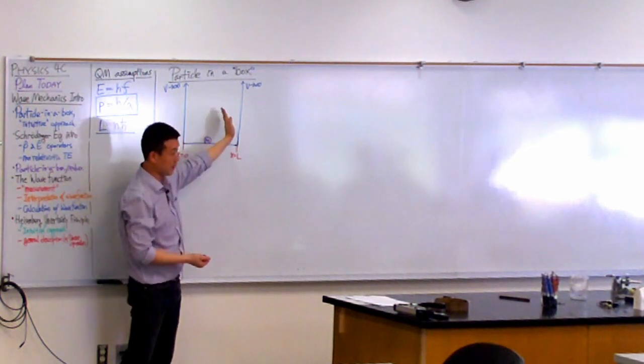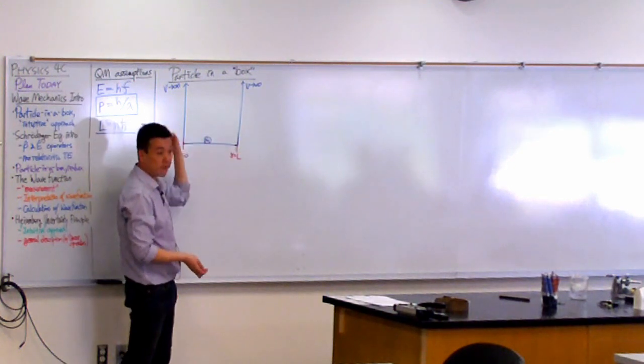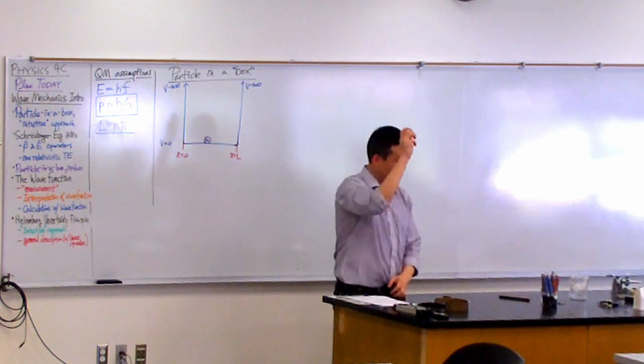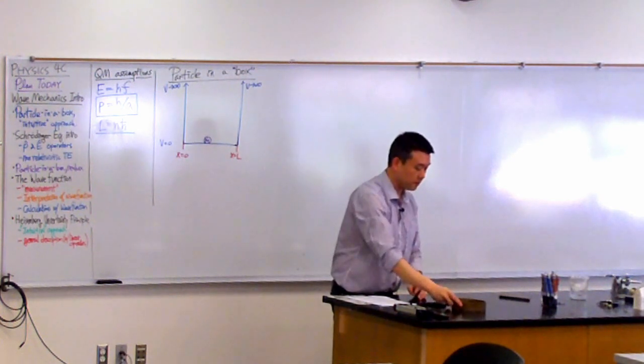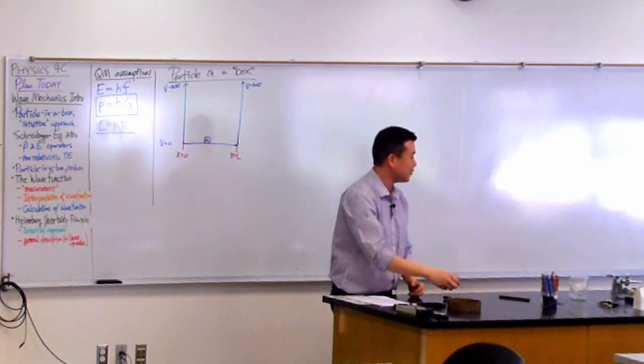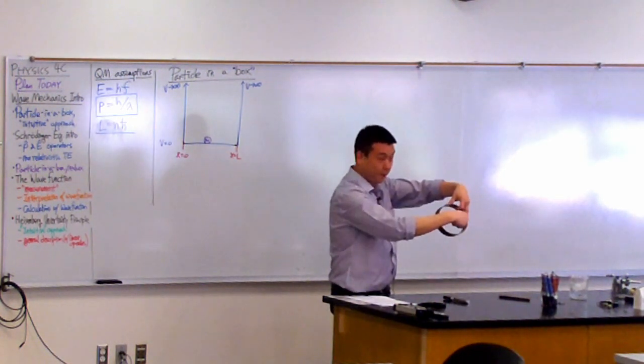So it'll get bounced back. And then here, the same thing will happen. It'll get bounced back, so it'll bounce back and forth. You can imagine this ball bouncing back and forth, though it's not an elastic collision, so it's not working out well. But you can imagine this kind of bouncing back and forth.